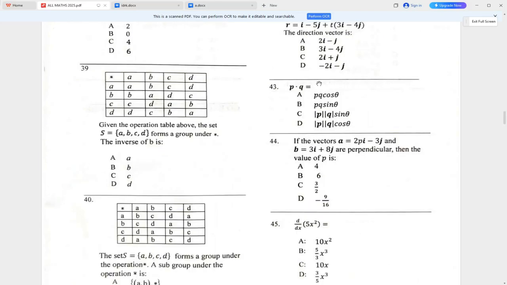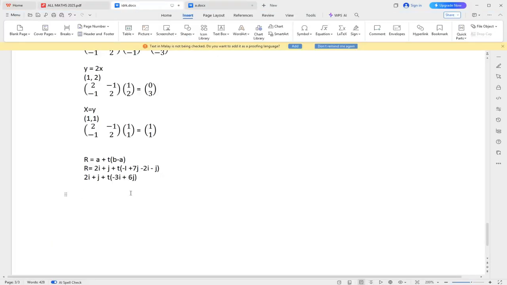Question 43, P dot Q is equal to, so this is the formula for the angle between a plane and a line.